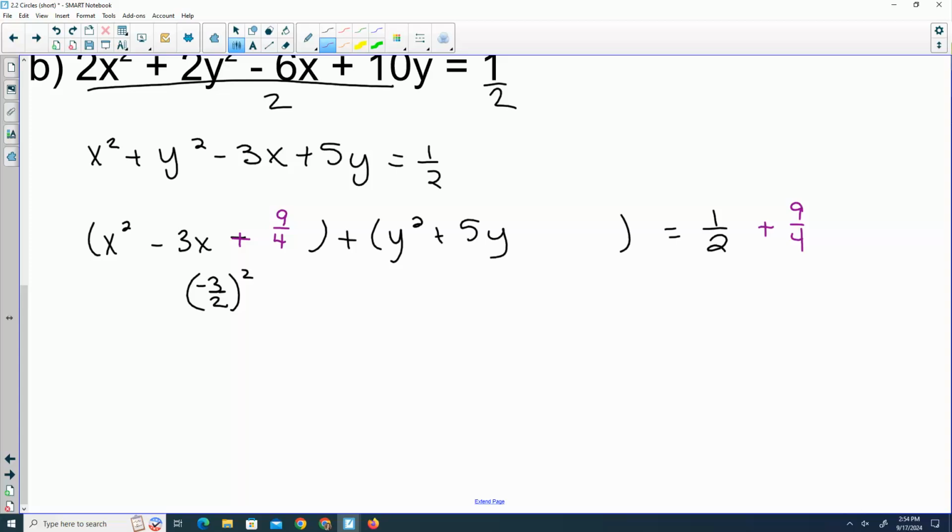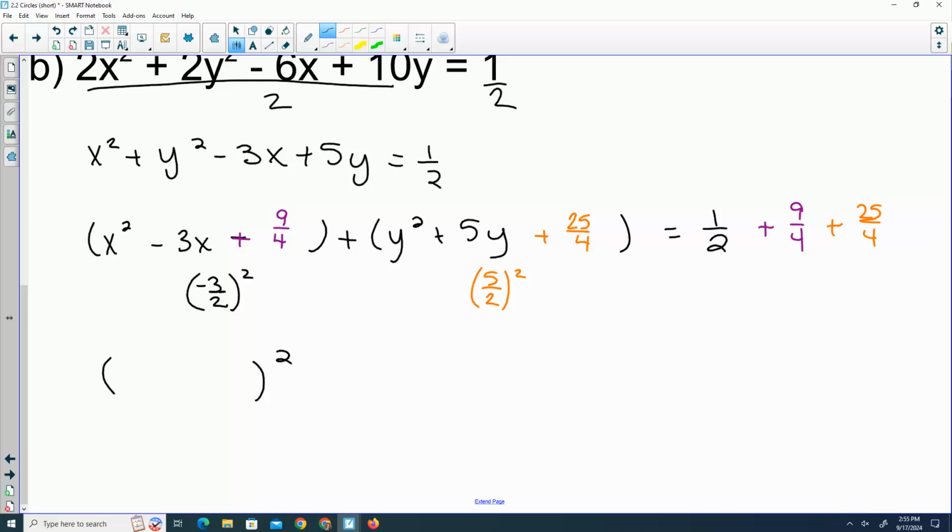Okay, we do the same thing with this one. So 5 divided by 2 squared. So 5 squared is 25, 2 squared is 4.